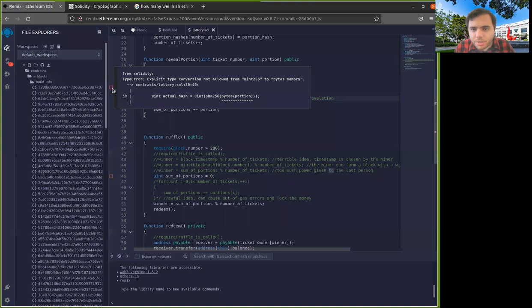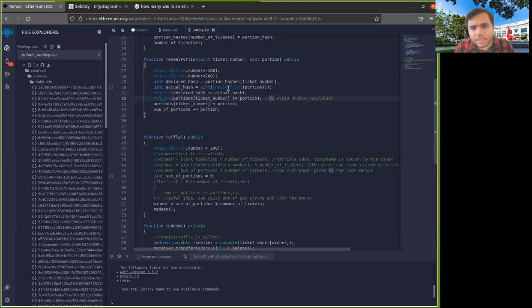Explicit type conversion not allowed. I don't know. I have to go and check how the typecasting works in Solidity, but these are things that happen all the time. I've had these problems with types every time I write a Solidity contract.